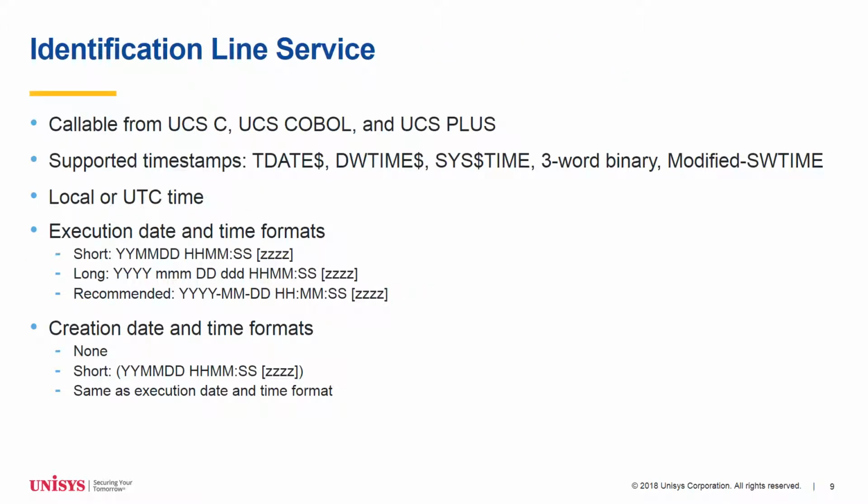The identification line service generates and optionally displays an identification line for the service caller consisting of a caller specified header text, an optional creation date and time, and the execution date and time. The generated identification line can be used as a processor sign-on line or for other purposes, for example in report headers.